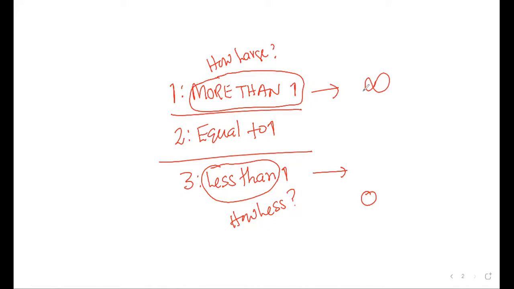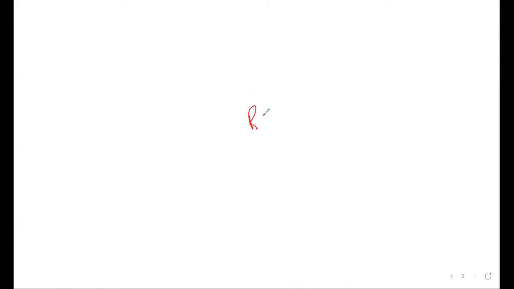If it is more than 1, the question is how large? Maximum is infinity. And if it is less than 1, the question is কত কমতে পারবে? 0 নিচে তো আর নামতে পারবে না। So ratios are always like this. এবার ক্লিয়ার?